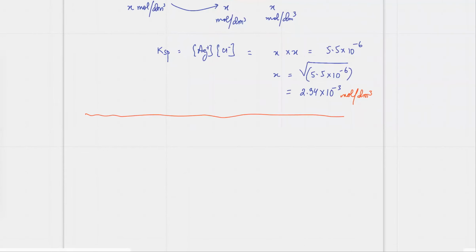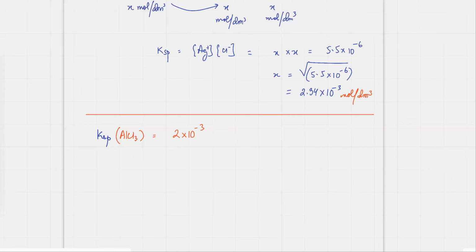So I've got the Ksp of a substance given, and that substance is, let's call it AlCl3. We have the Ksp of AlCl3, and that value is 2 into 10 to the minus 3.